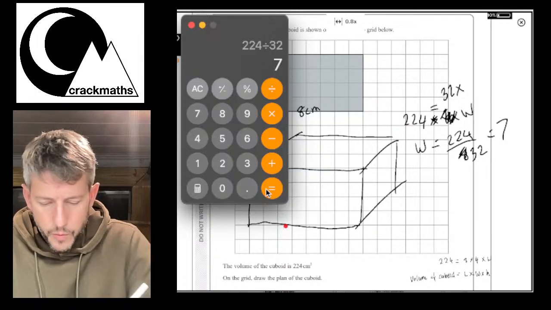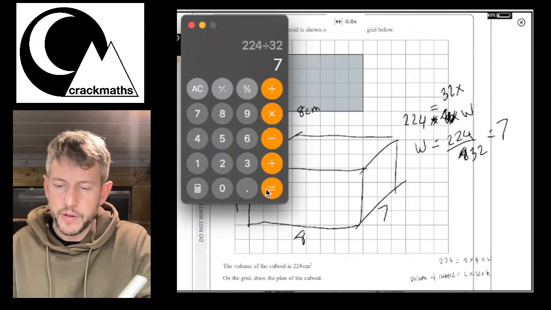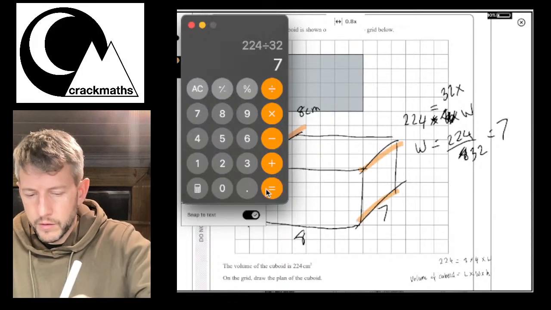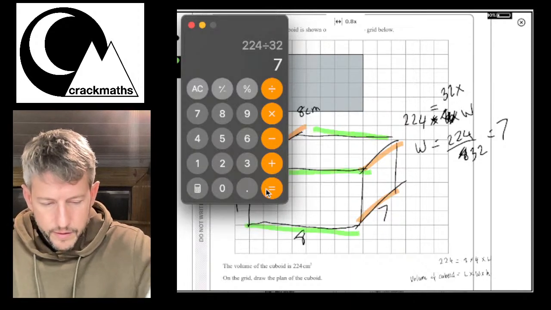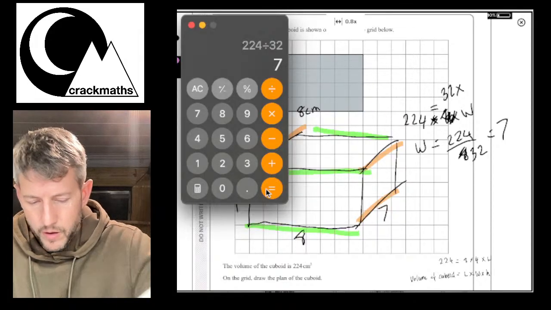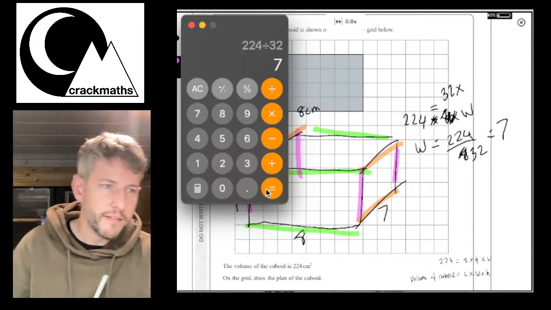So we've got 8 here, we've got 4 here, and this dimension is 7. So all of these lines here are the 7. All of these lines here are the 8. And all of these lines here are the 4. And there'd be a little sneaky 4 there as well.